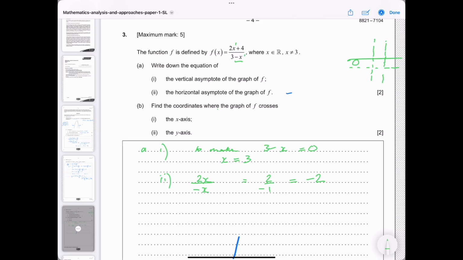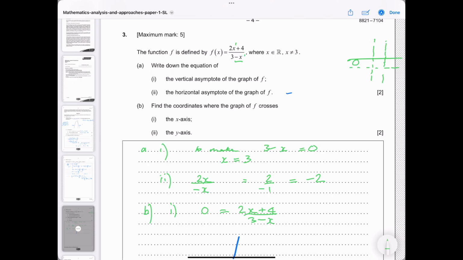Now, find the coordinates where the graph crosses the x-axis. So when y equals 0, let's just think about this a minute.